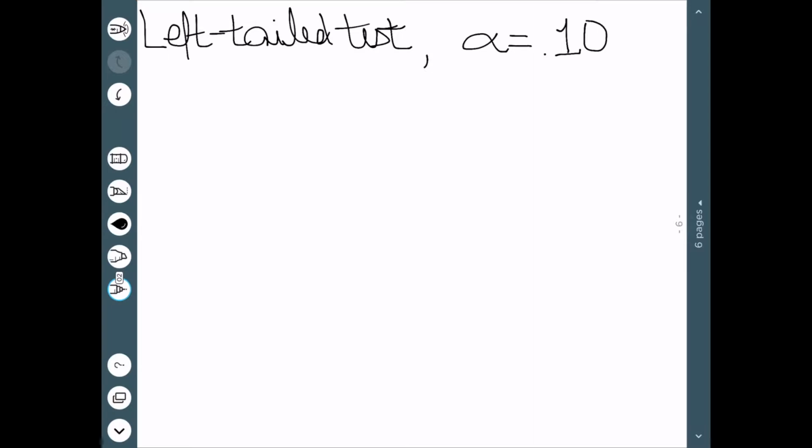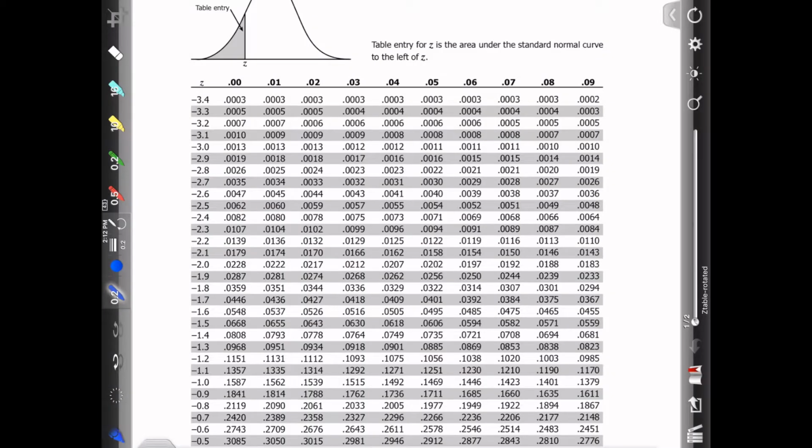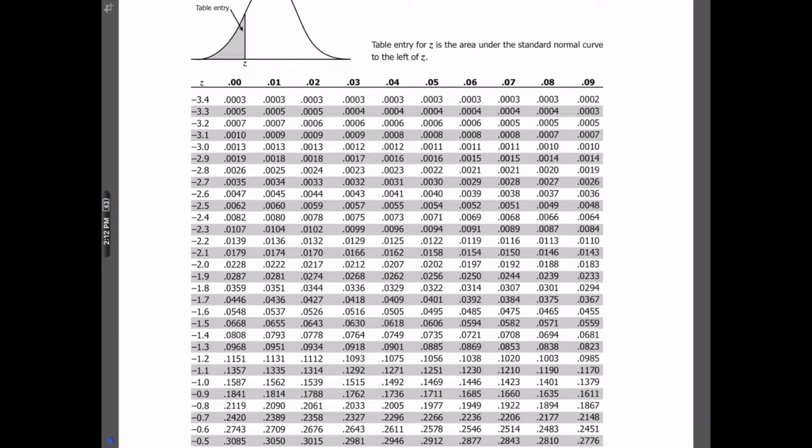Let's look at a couple of examples of finding these appropriate critical values. So let's suppose we have a left-tailed test and alpha is 0.1. This means that the left-hand side of our normal curve is shaded, and the shaded area represents 0.10. And in order to find the appropriate z-value, we need to resort to the normal table. Here is our normal table, and remember the areas are the numbers in the center.